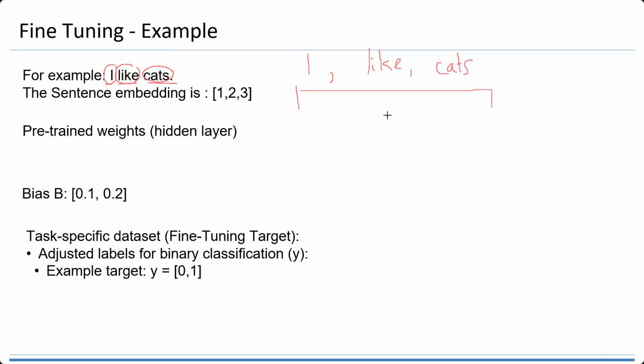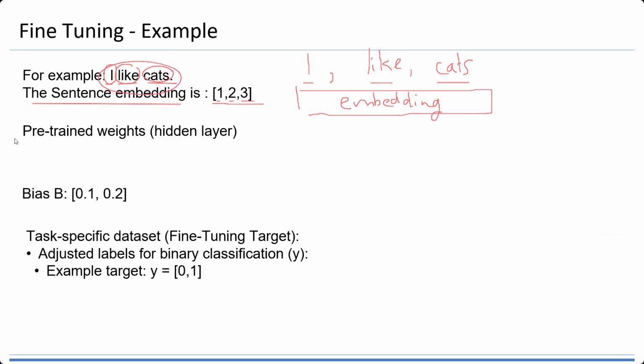We have the embedding. In the embedding, you can get a number to represent each word. Now, let's suppose we have the sentence embedding for this sentence. The array is like this: 1, 2, and 3. This is just an example for easy explanation.